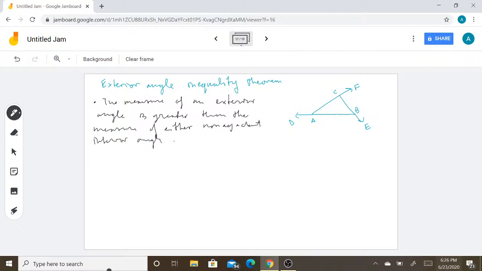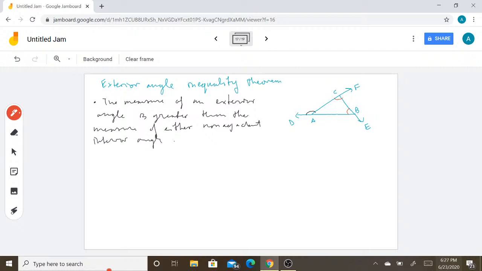And to explain that in simpler terms, let's say we have the exterior angle DAC right here. This angle will actually be greater than the angle ABC right here and the angle BCA over here.